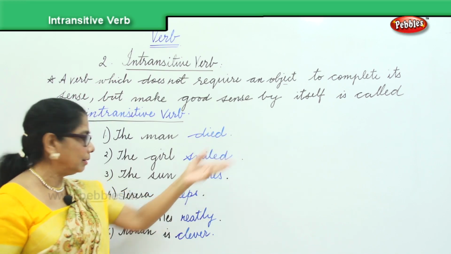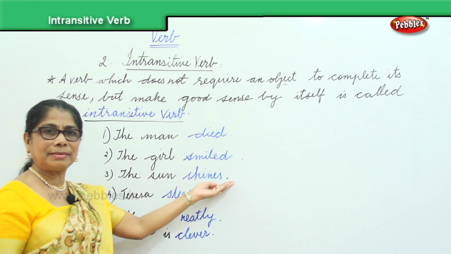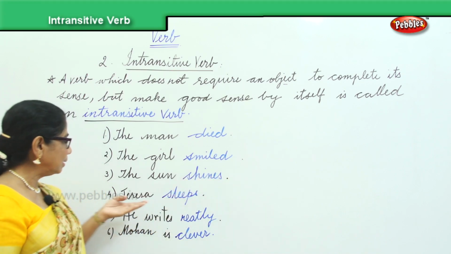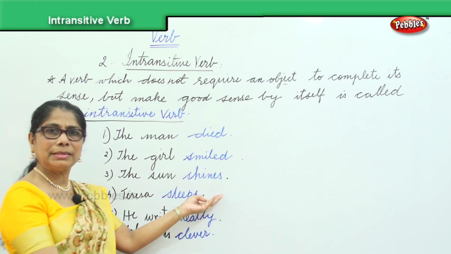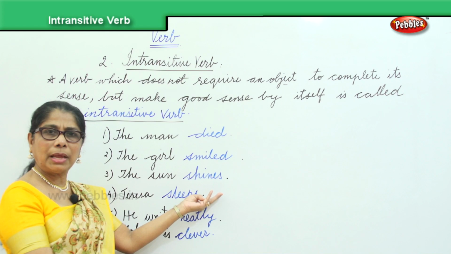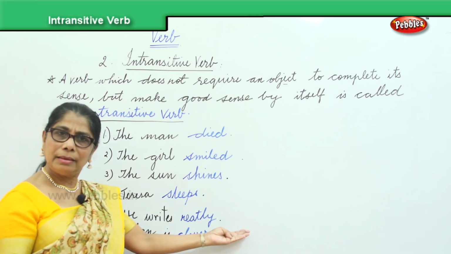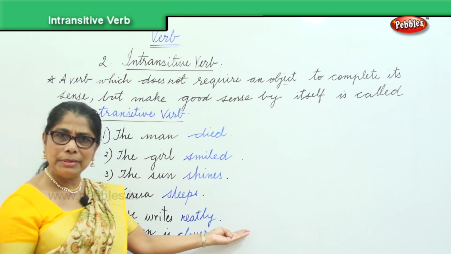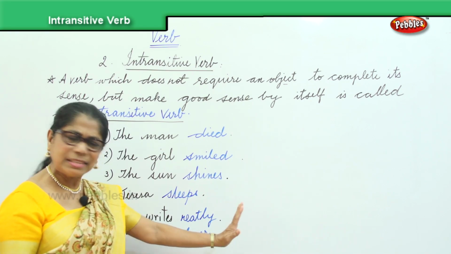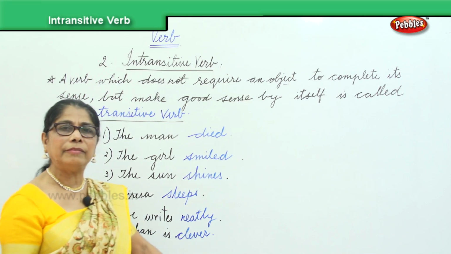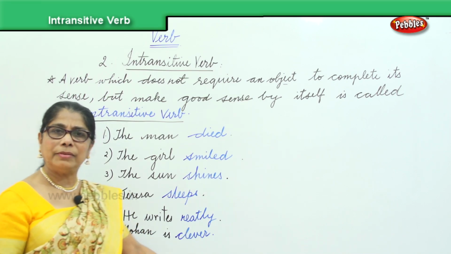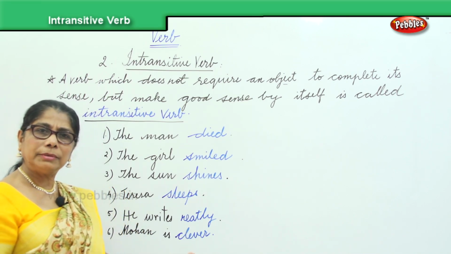Or the baby cried. The sun shines. Trisha sleeps, in the house or class or anywhere. He writes neatly, or he scribbles, or he writes badly. Mohan is clever. Peter is clever or Peter is not clever.